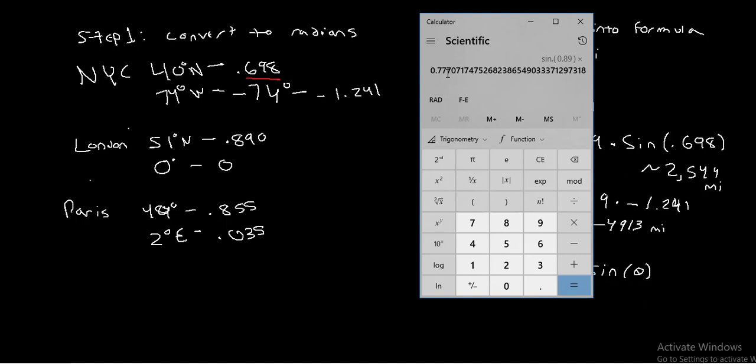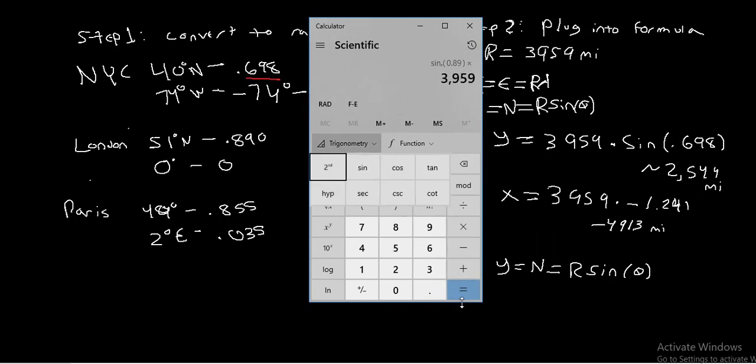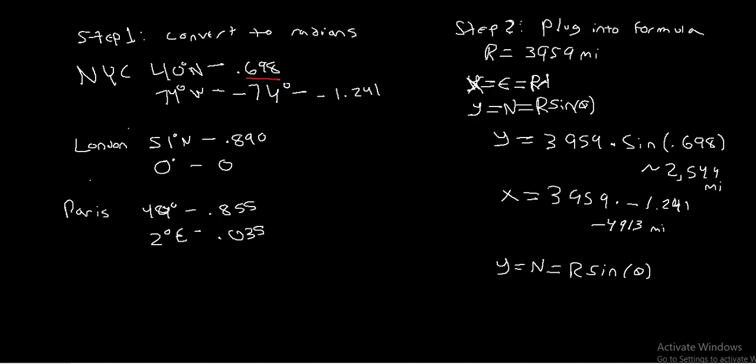If we multiply that by our radius, 3,959, we get a value of approximately 3,076 miles. And in this case, our x is going to be 0 because our easting is 0.